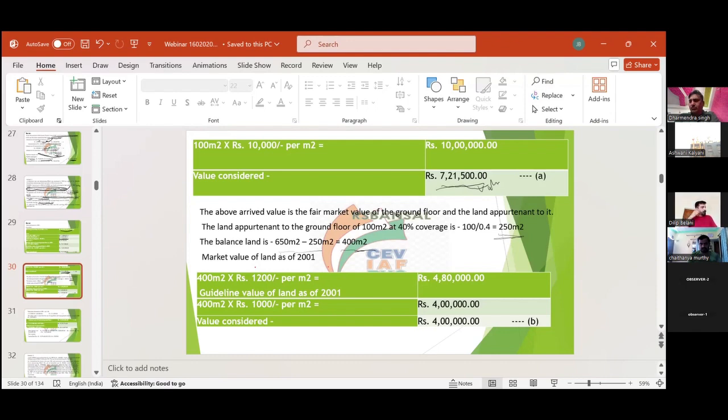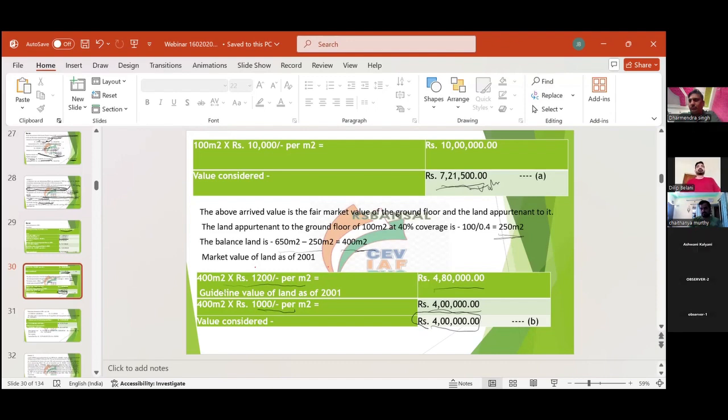So value of the 400 square meter land at 1,200 per square meter is 4,80,000, and the guideline rate is 1,000 per square meter, which comes out to be 4 lakh. So you have to take the minimum of the two, which is 4 lakh. So this is the value of the ground floor, including land and building part.